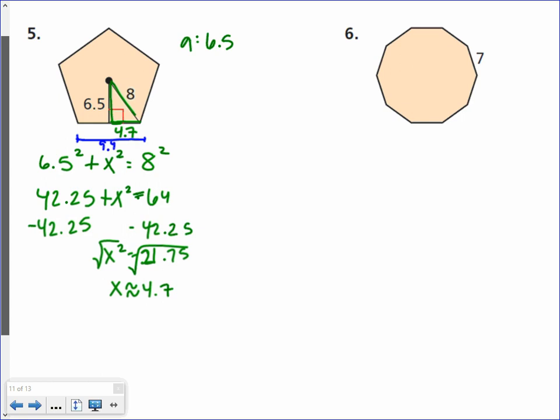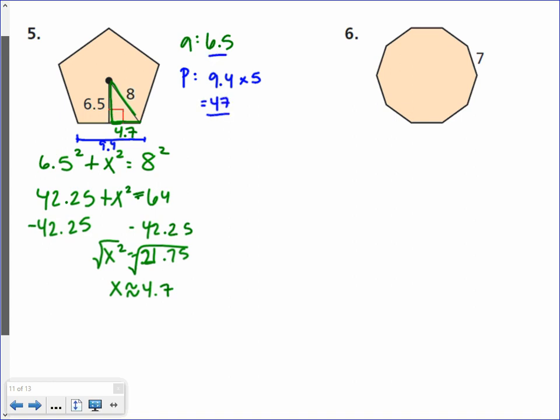Now, 9.4 is not the perimeter. 9.4 is one side length. So now how do I find the perimeter? 5 sides. 9.4 times 5, which is 47.